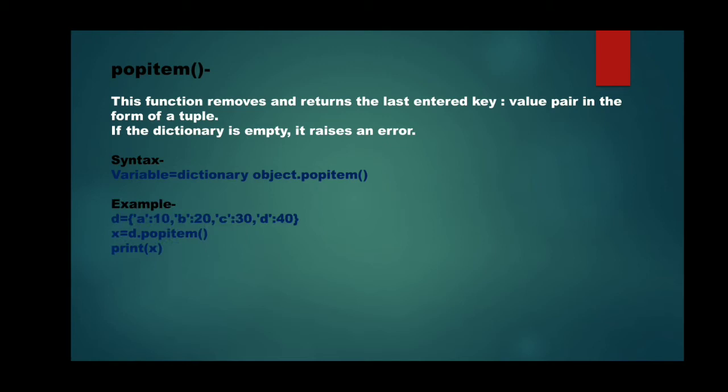I have taken this dictionary D. Again, it contains 4 key value pairs and I have written D dot popitem. In this dictionary, the last element that is inserted is D40 because it is written at the last. So this will be removed using this function. Now when I display the value of X, you can see D40 is displayed because this pair is removed.